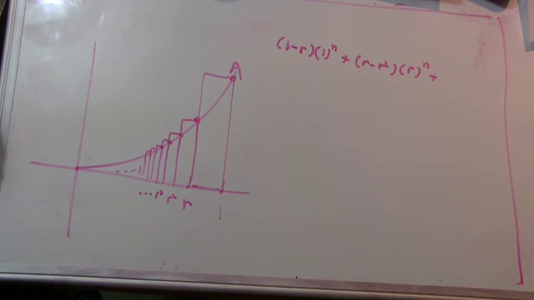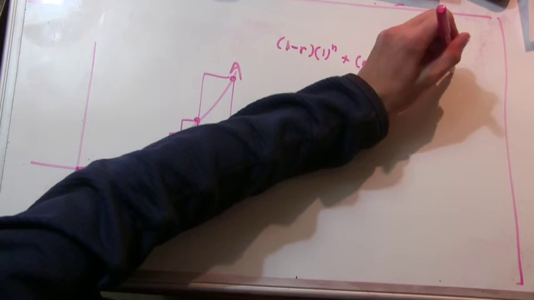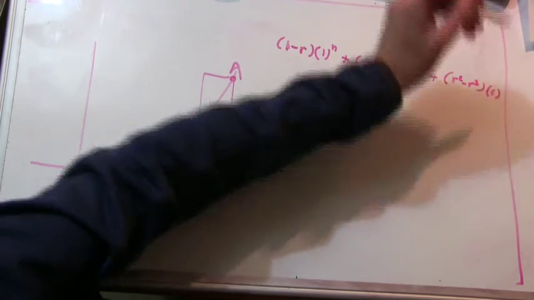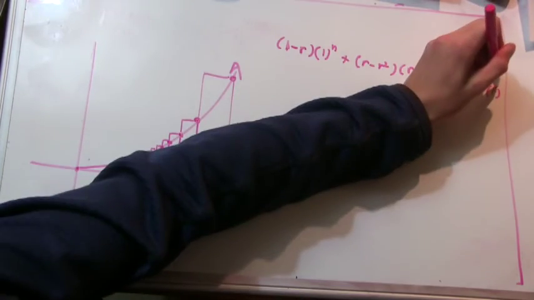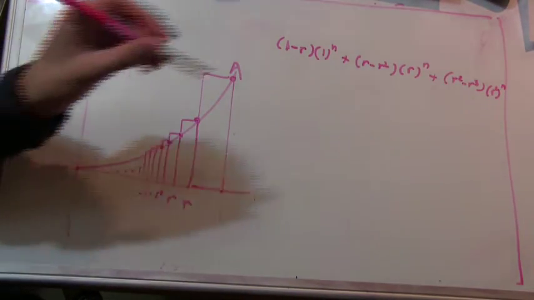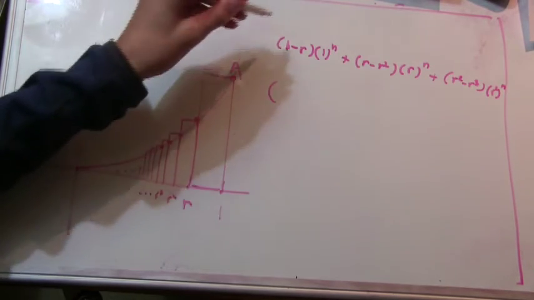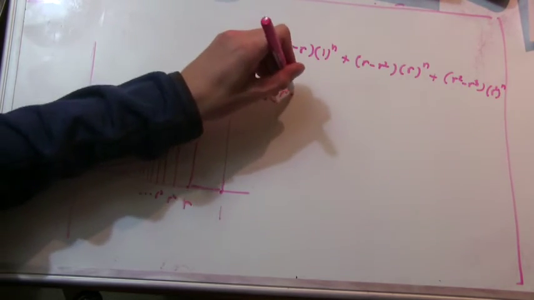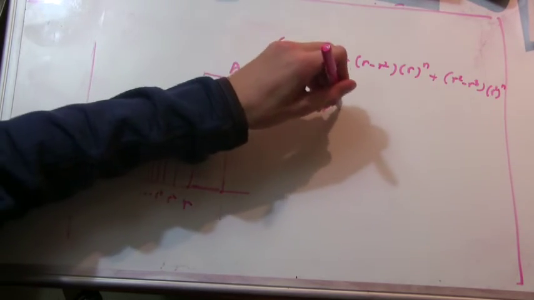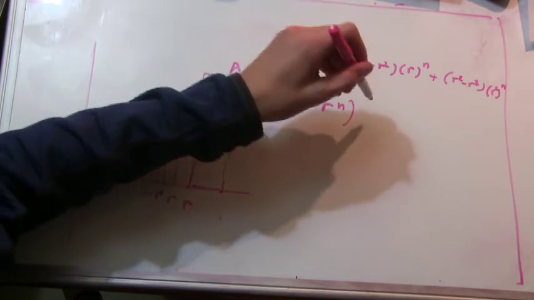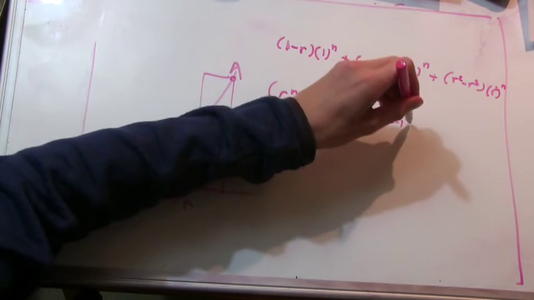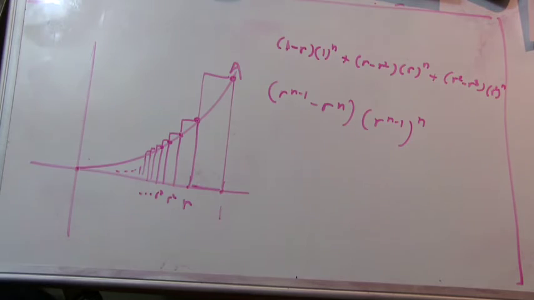I thought it was 1 over n. I don't know why I thought that. So it's R squared minus R cubed times R squared to the n. So then this is going to generalize for the general term. It's going to be, I guess, R to the n minus 1 minus R to the n times R to the n minus 1 to the n.